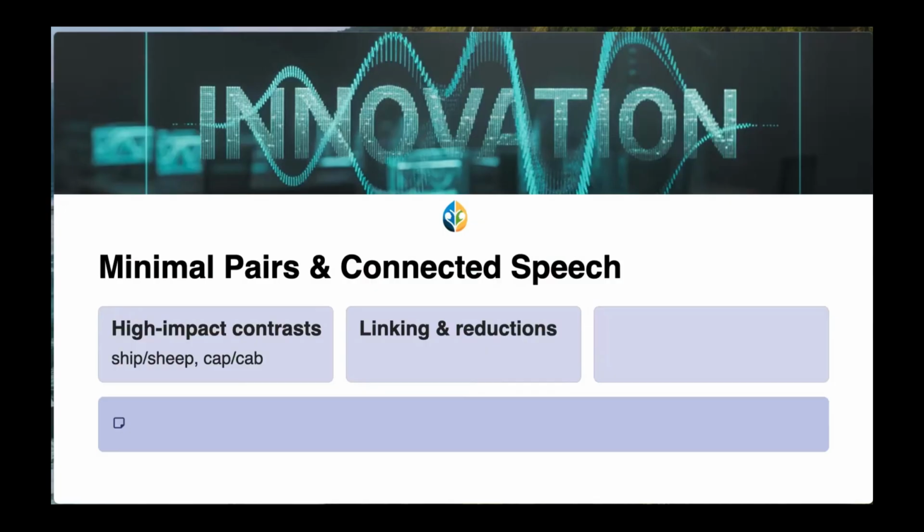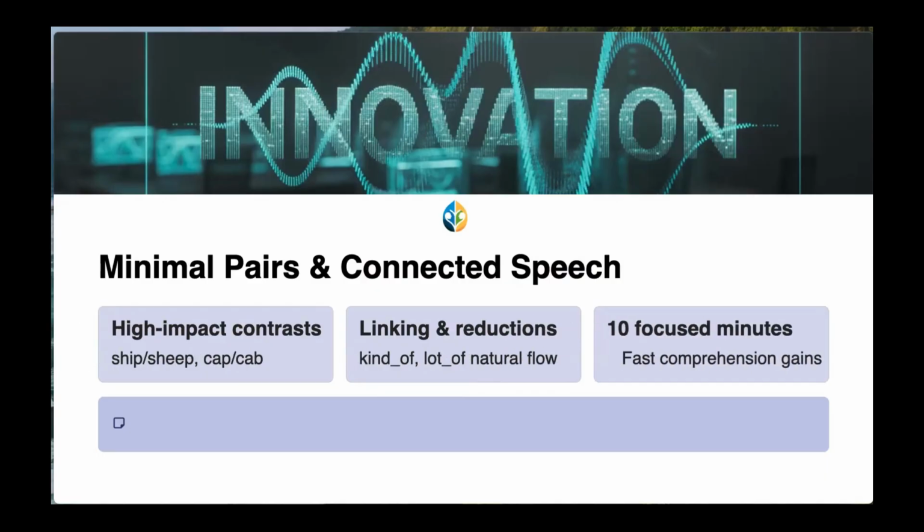Linking and reductions. All right. Kind of, lot of. So the natural flow. And you want to have 10 focus minutes. This will help you at fast comprehension gains.